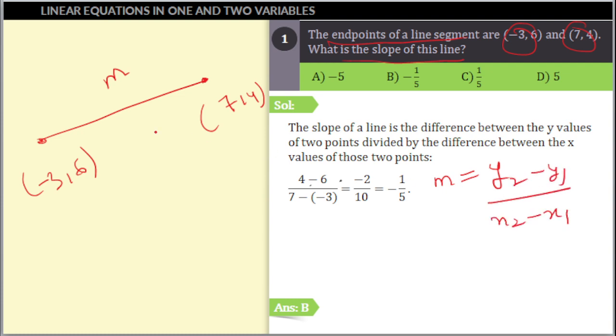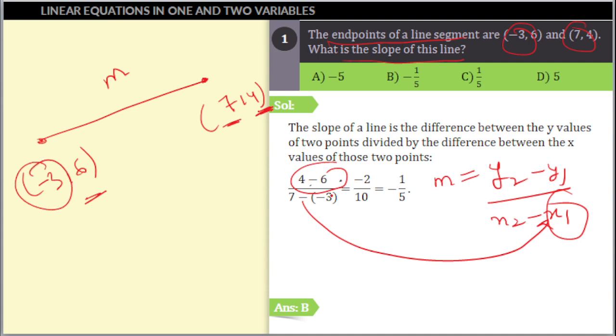Here y2 is 4, so 4 minus 6, divided by x2 which is 7, minus x1 which is minus 3. So there are two minus signs: one is the minus 3 and one is the formula's minus.